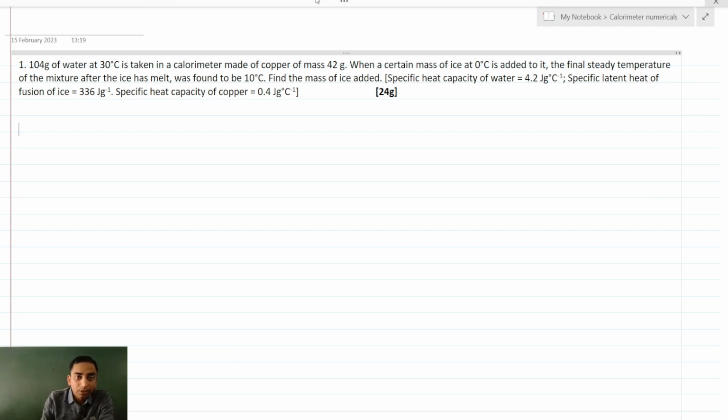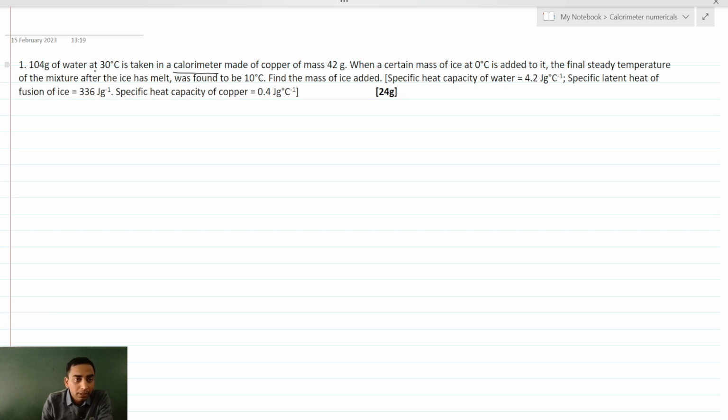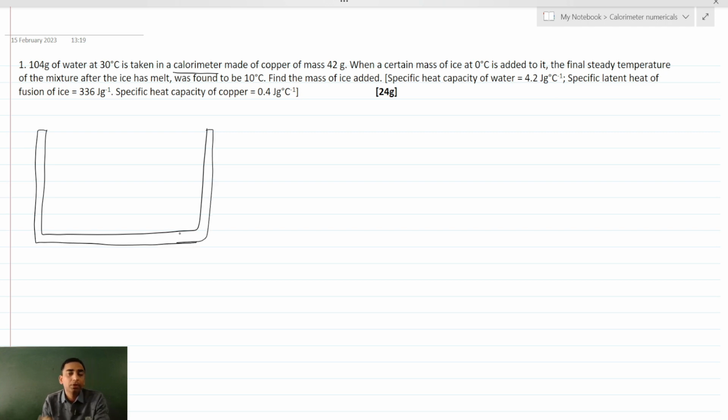So here we are given a vessel which is made up of copper, and it contains 104 grams of water in it. So I'm just going to roughly draw a vessel, and this vessel is made up of copper. Usually all the calorimeters are made up of copper because their specific heat capacity is very less.